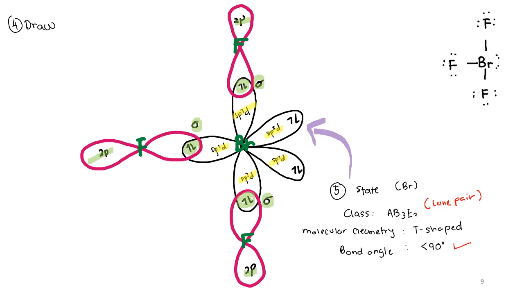So you can see in between here, it is between the bromine-fluorine bond and another bromine-fluorine bond. The bond angle will be less than 90 degrees because you have two lone pairs, and lone pair repulsion is quite big, so it pushes the bonding pairs, making the angle smaller.